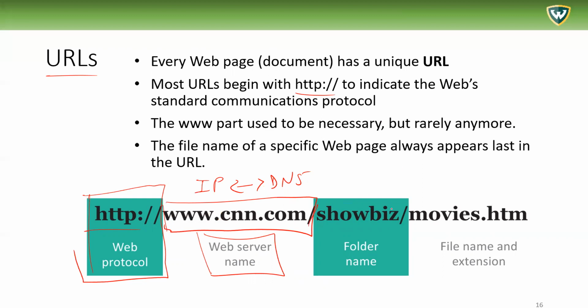And now the slashes are just folders, named folders within the computer server, just like you have folders in your computer. And then the last thing is the file name and the extension, or the type of file. These can be .html or .php, which is written in the PHP language, and so on. And this is the actual name of the last document or application itself.